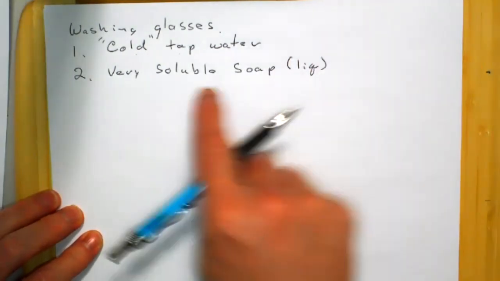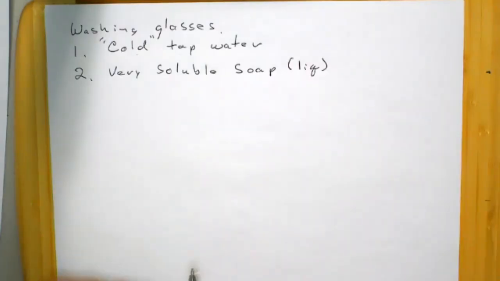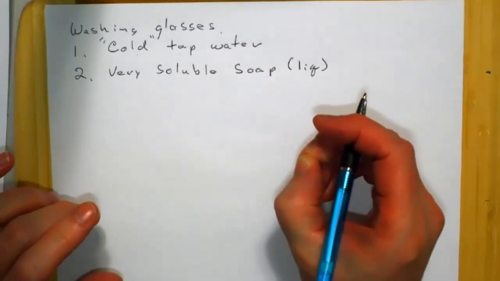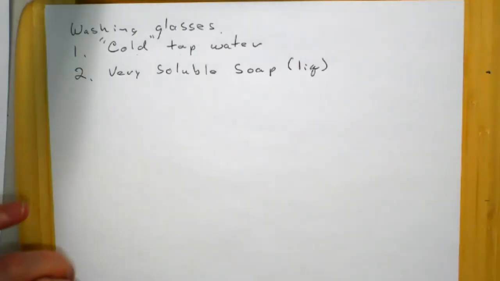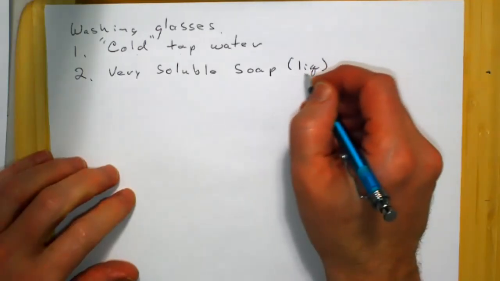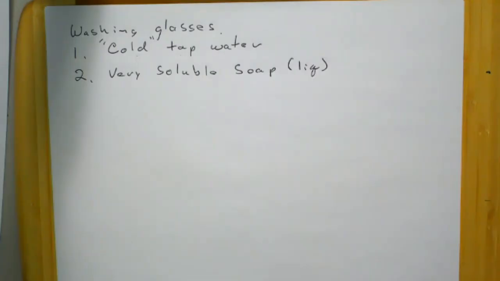If the soap's not highly soluble, then it won't rinse off as well. If you use a solid soap, it has to dissolve first, so that slows down the rinsing. So we have a liquid Alkanox. It's a soap that I talked the stockroom into buying years ago, and now they use it all over the building. But there are still these solid soaps. Don't use the solid soaps. They're too slow to rinse.